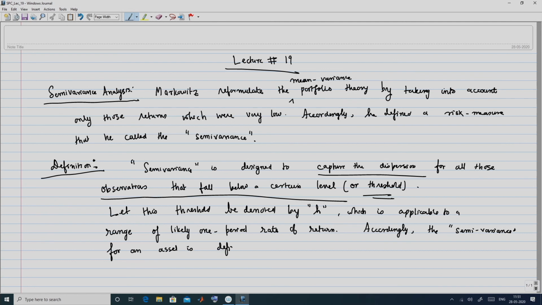So, what we will do in the semi-variance is that we will take R I minus H, that is the return on the asset I, and we take the minimum of R I minus H comma 0, and then we take the square of this and we calculate its expectation, and we define this as the semi-variance.